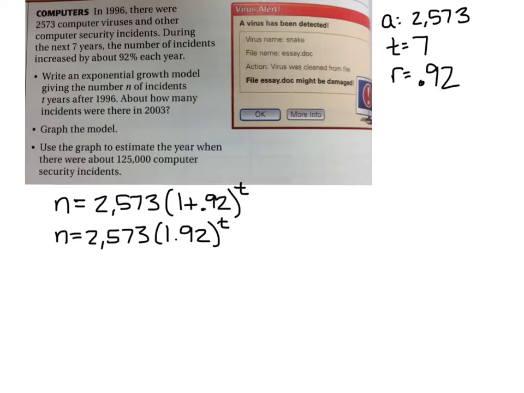Well, how many years since 1996 is 2003? 7 years. All right. So to solve for 2003, n would equal my initial 2,573 times 1.92 to the 7th power.